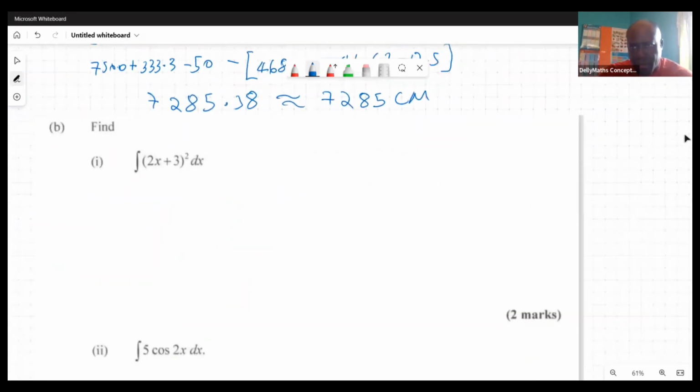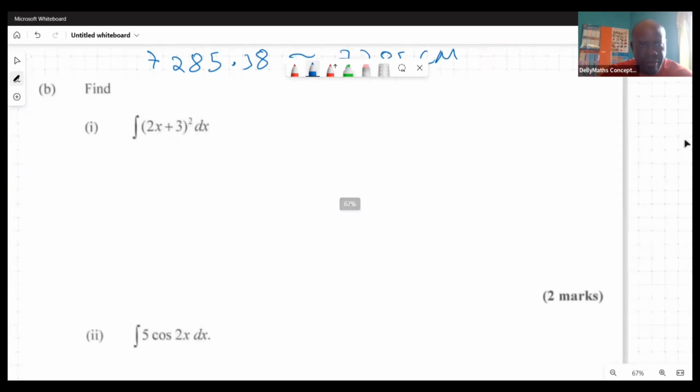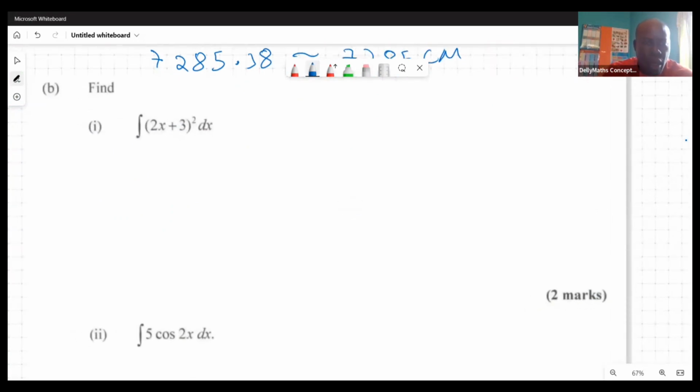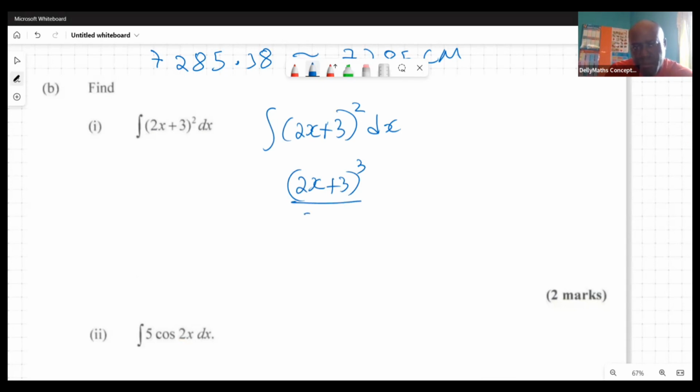All right, so now we want to find the integral of this. We want to integrate 2x plus 3 squared dx. You could expand this, or you could work this backwards. First, you increase the power, it becomes 3. You divide by that 3.